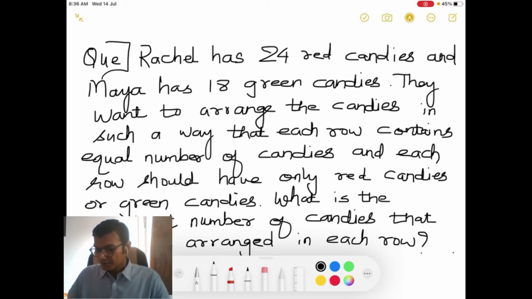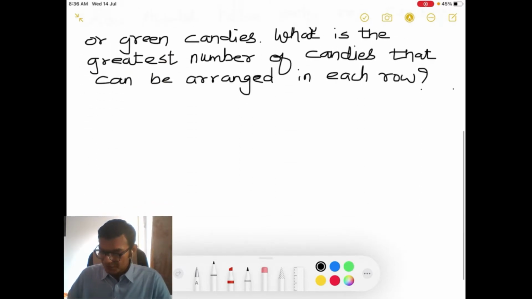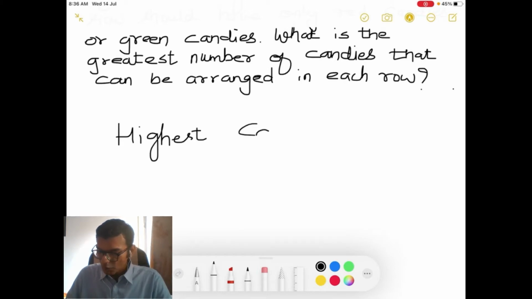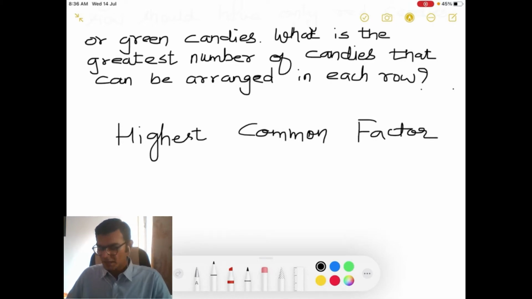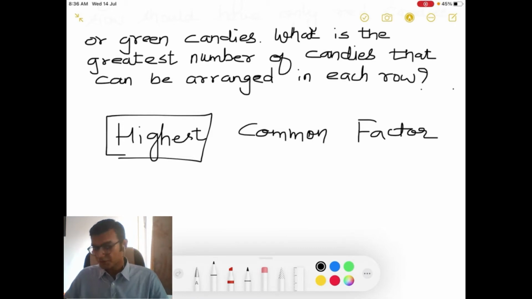Now, if we see, the thing that we are finding is the highest common factor. Now, as we did in LCM, again we are going to look at this word. The hint or the keyword that we are looking for is highest, or anything that is related to highest.